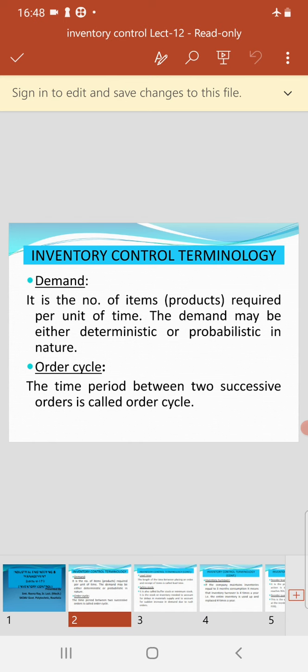The first term is demand. It is the number of items or products required per unit of time. The demand may be either deterministic or probabilistic in nature.